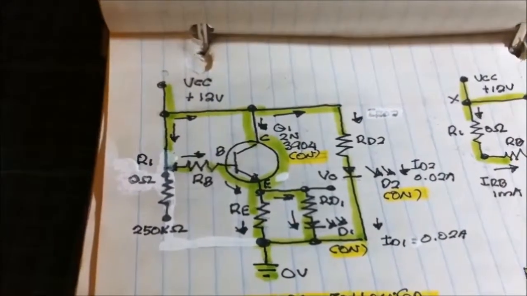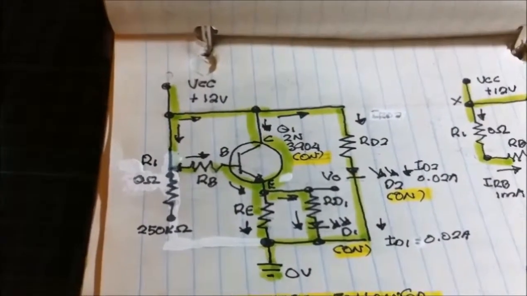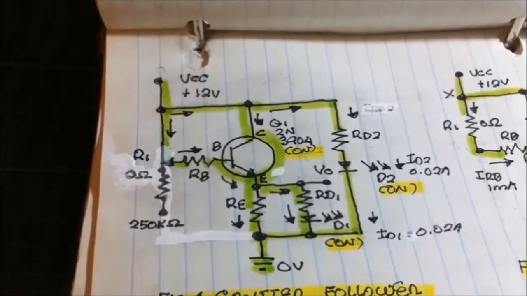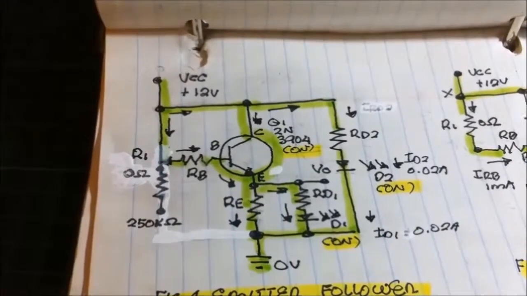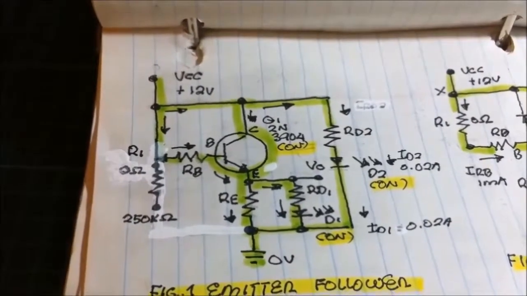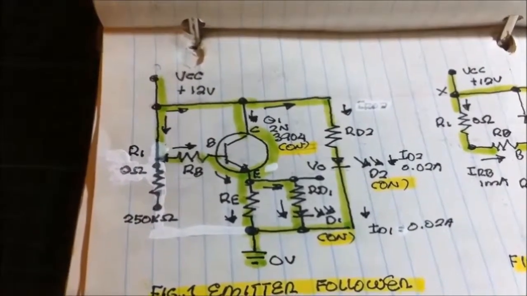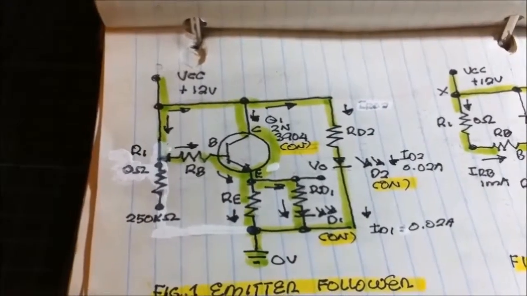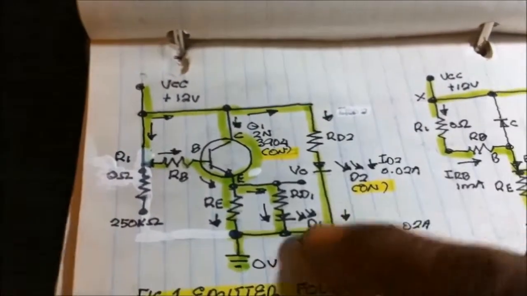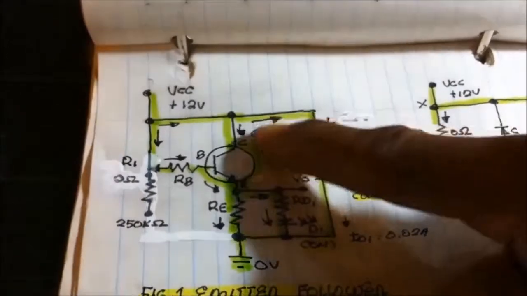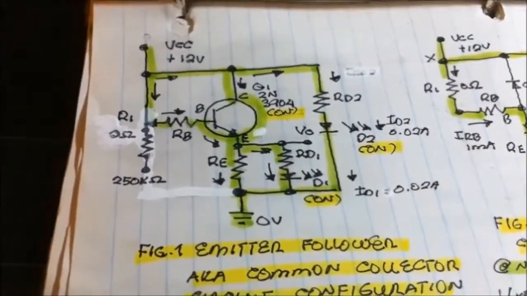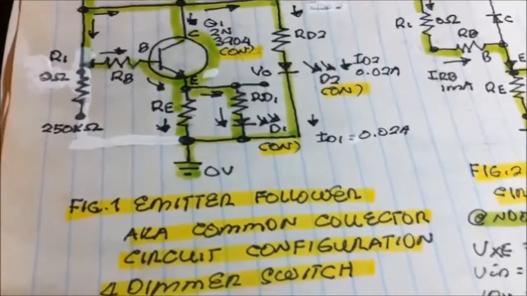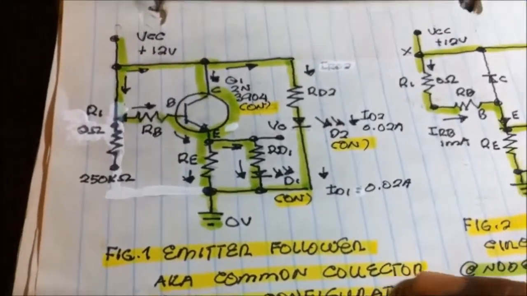This is a transistor common collector configuration, better known as emitter follower. If this is a common collector, it seems that the collector is not common. How did you say that this is a common collector configuration?